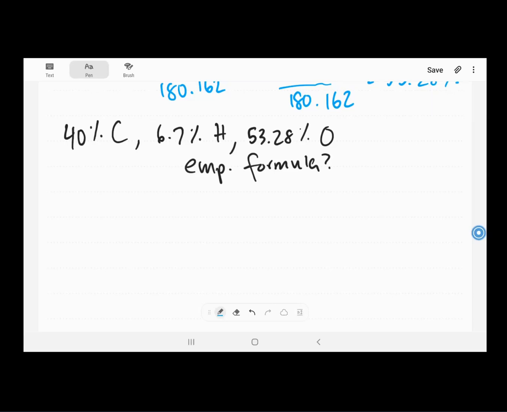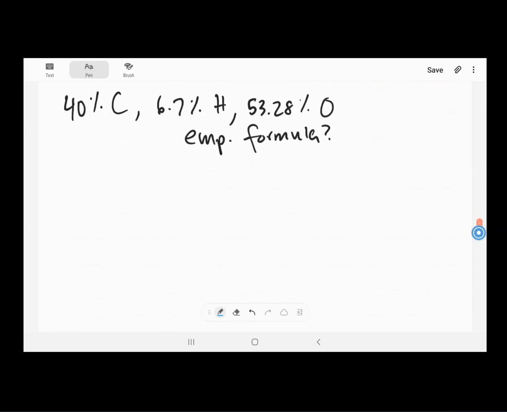Okay, I think you guys have had enough time, maybe. So, let's go ahead and pretend that this is 40 grams carbon, 6.7 grams hydrogen, and 53.28 grams oxygen.